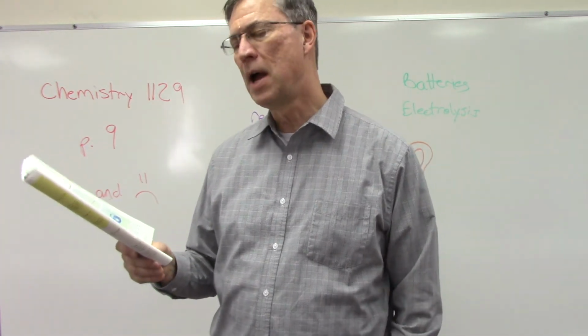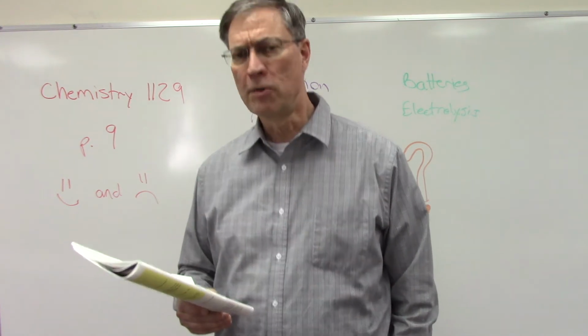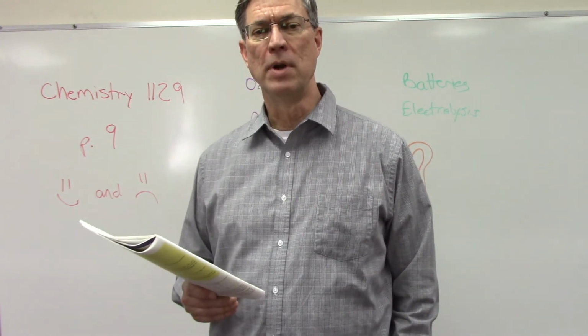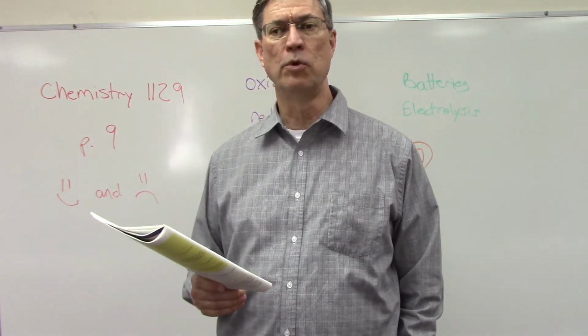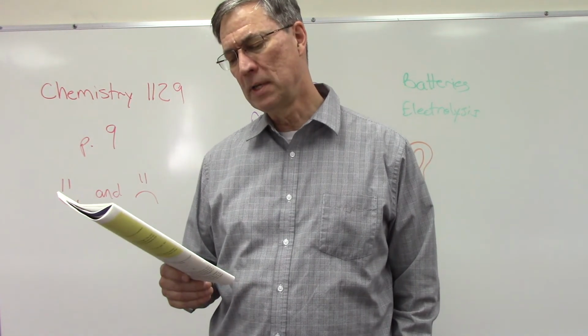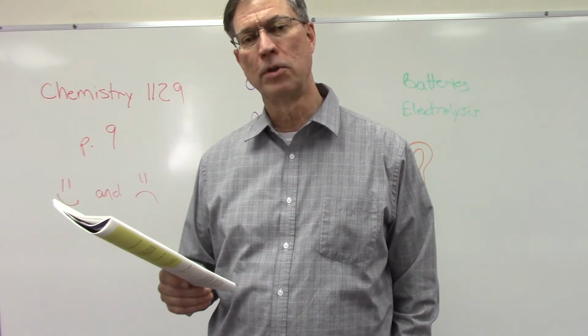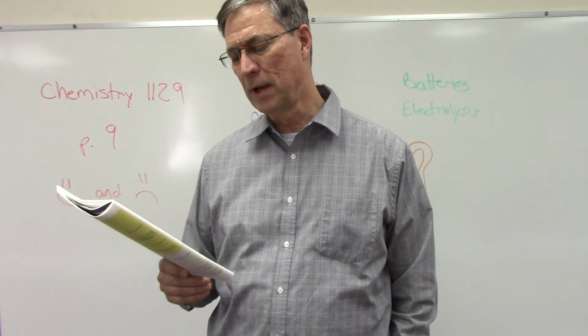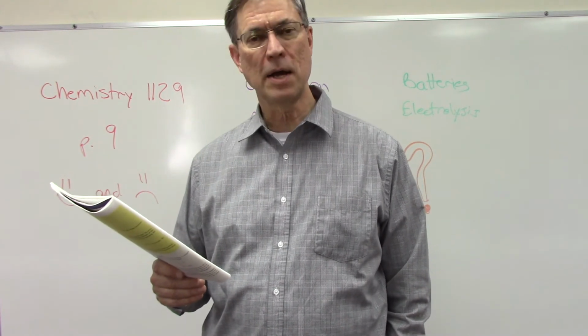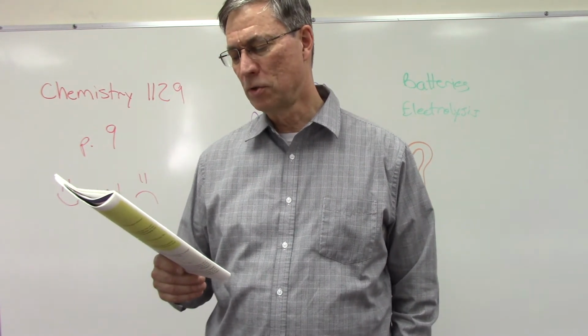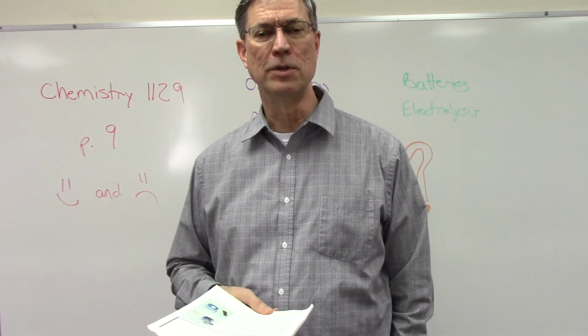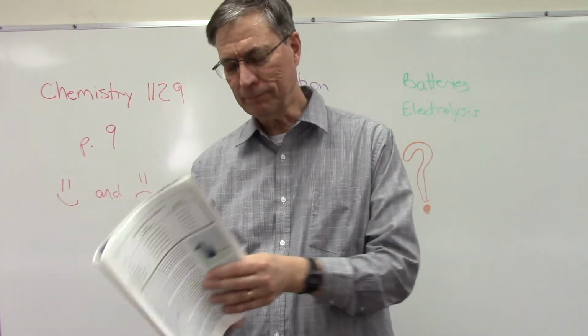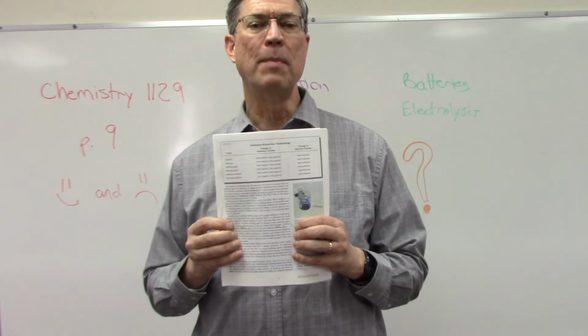But I do want to point out an error on page 9. If you're reading very carefully, studying every word, thinking this is important and I need to know this, you get down to the last sentence of the third paragraph. It says, lithium is the strongest oxidizing agent, but it's also the weakest reducing agent. They actually have it backwards.